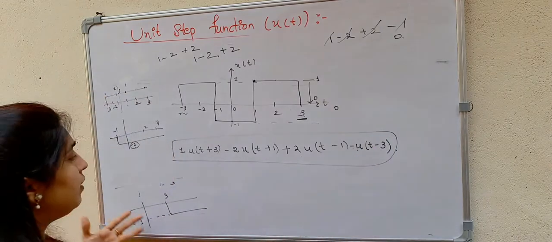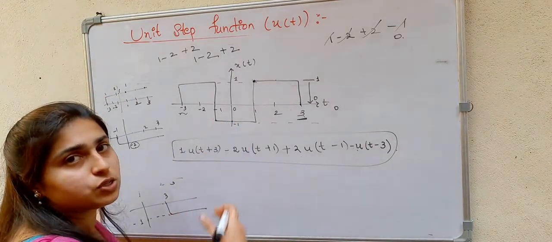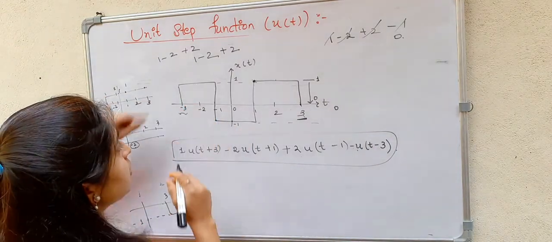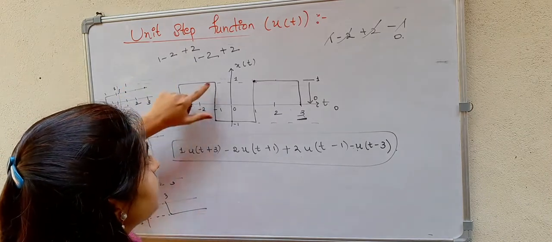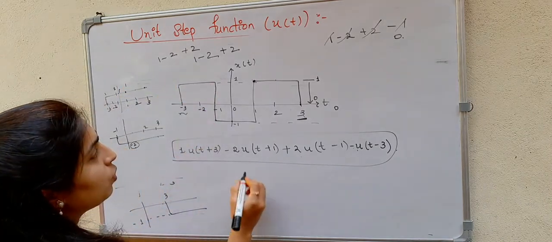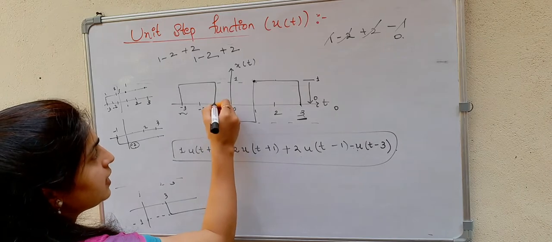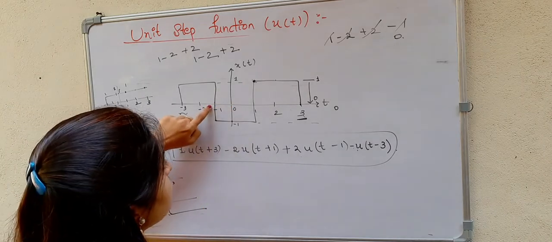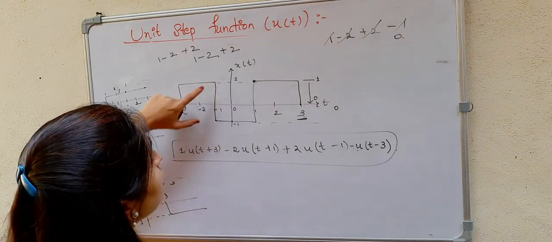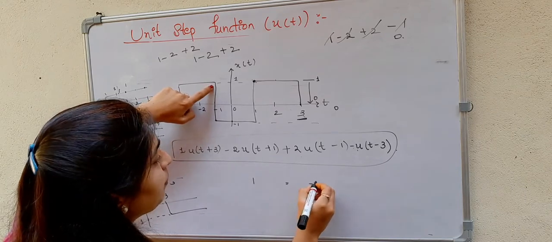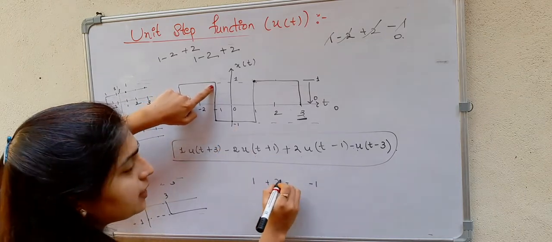So whatever I have done is just a cross checking one. Just see where it changes the height and then go on adding it. So I said that here at minus 1 it is changing the height. So from 1 you should get minus 1. So I have to add something.